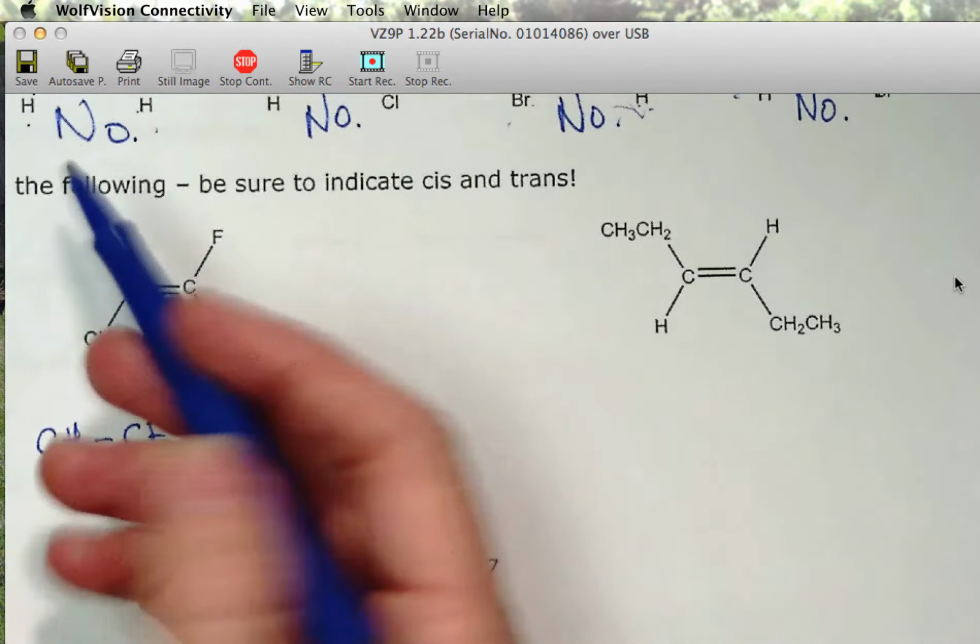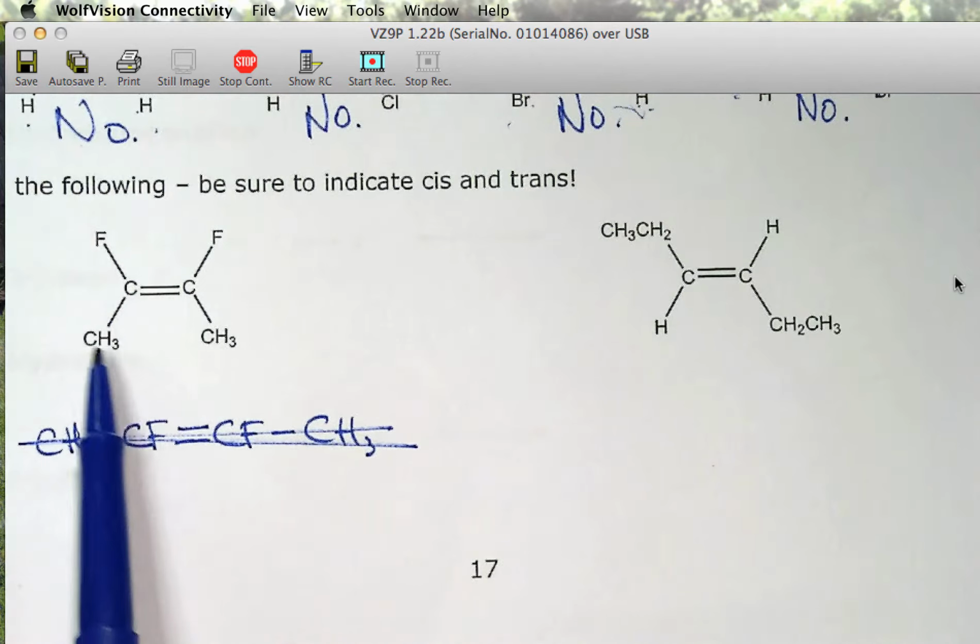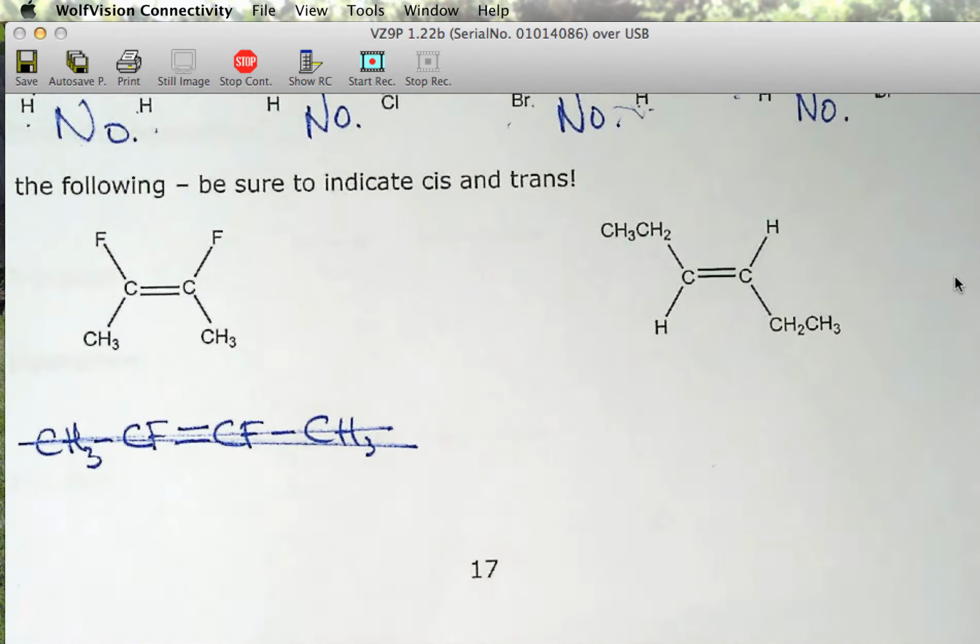So this structure here, just like before. Now, a lot of students, when they get to cis-trans isomers, think, oh, I see it's a cis-trans isomer. And then you kind of forget all the other stuff you learned about naming. So remember, with alkenes, it's the longest continuous chain of carbons that contains the double bond.